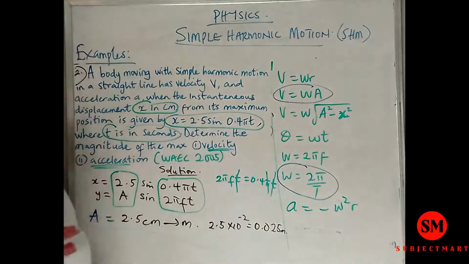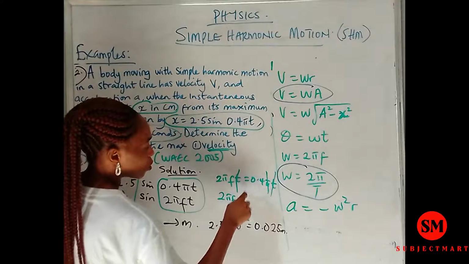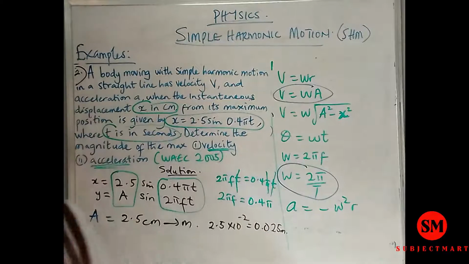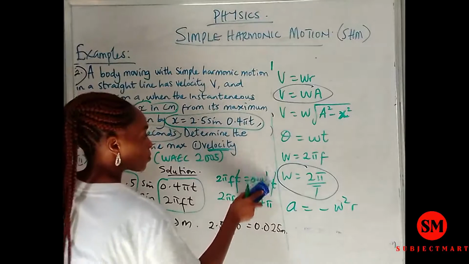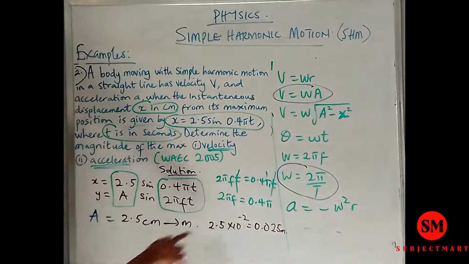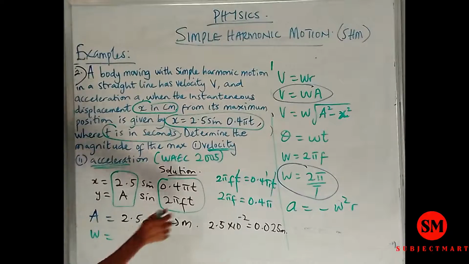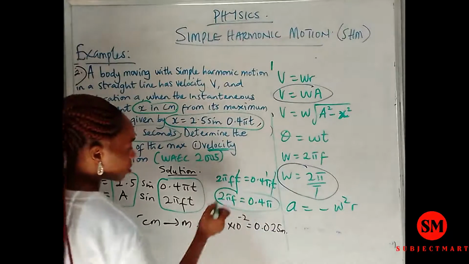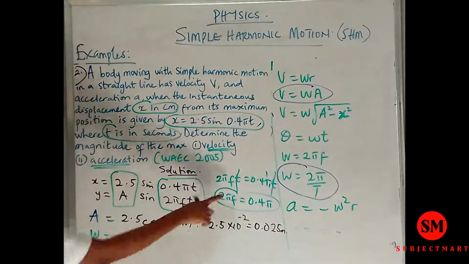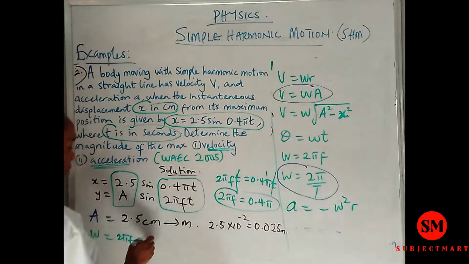Okay, I'm just going to leave it as 2 pi f is equal to 0.4 pi. And of course, our 2 pi f we know is equal to w. So w is equal to 2 pi f, which equals 0.4 pi.